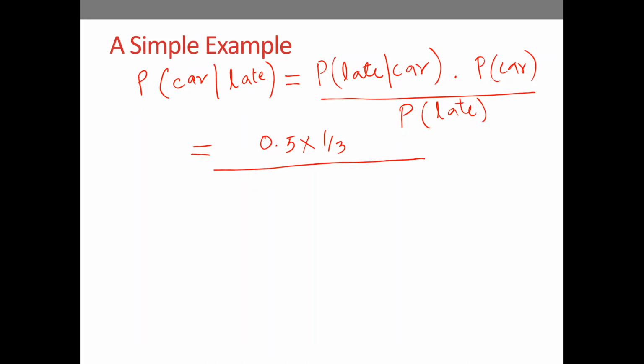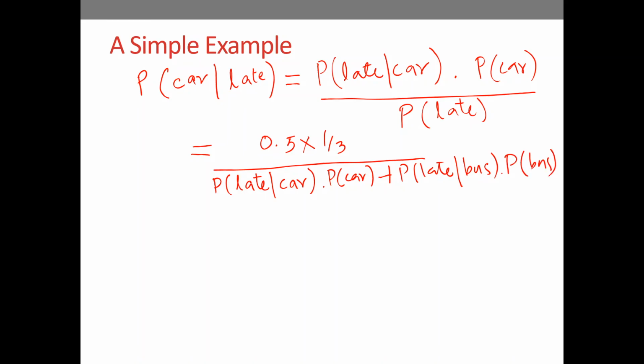Now, to get the probability that he's late, I take the probability that he's late given he's using car times the probability of car, plus probability late given bus times probability bus, plus the probability that the person is late given train times the probability that he's traveling by train, right?